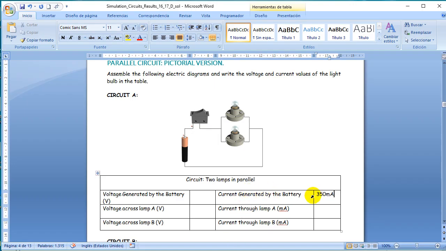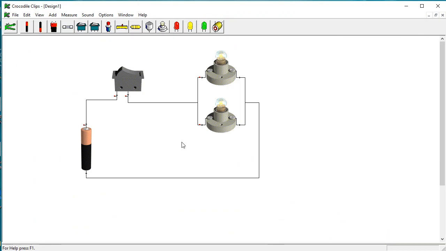So the current generated by the battery is 350, and then half of it will go through the bulb on top, and half of it will go through the bulb that is below, right? So we see now that when we have a parallel circuit, the current is being divided by the two components that are part of the circuit. Half of it will go this way, and half of it will go that way.